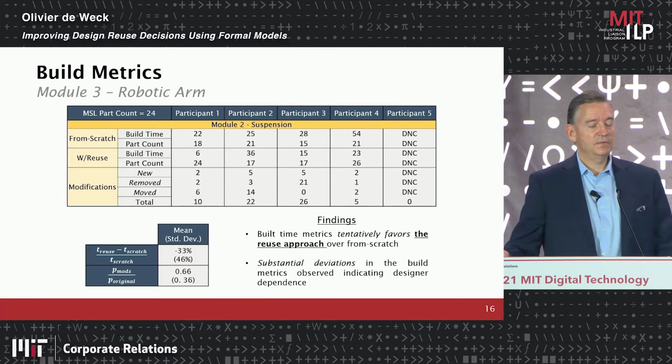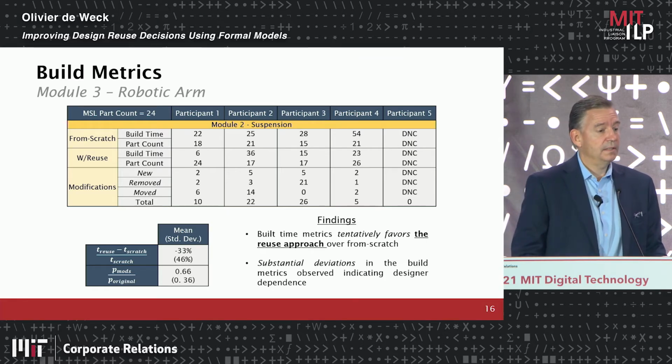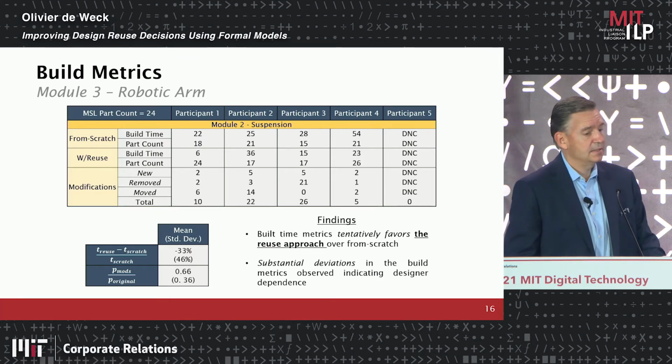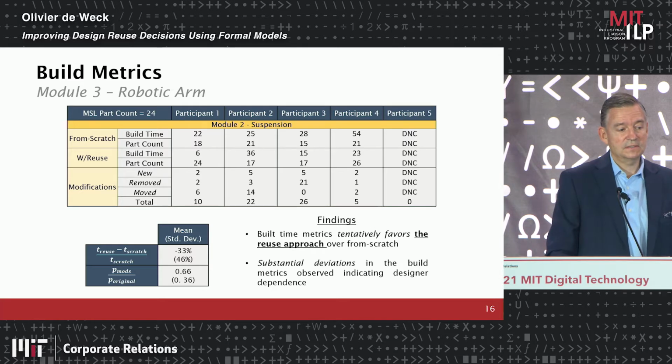And at the end of it, we could sort of, in the small sample, statistically say, well, was it worth it or was it not? So in this particular case, reuse is favored, but it's not super obvious. So the 33% time savings and then the number of modifications divided by the original parts is about 66%.